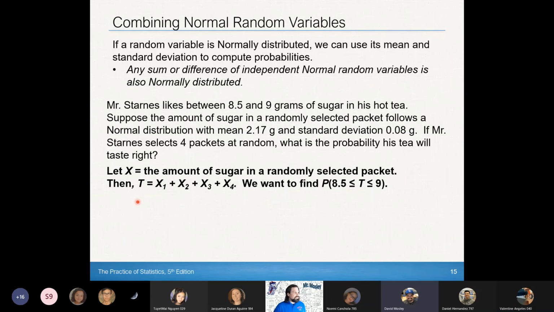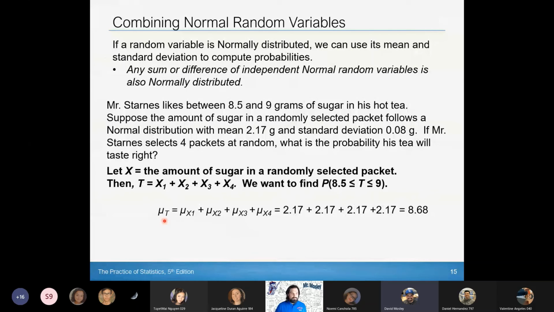Then T, the sum of the sugar in the tea, equals the first randomly selected packet plus the second randomly selected packet, and so on. So we add the 4 random variables, which is all the same random variable, just different occurrences. We want to find the probability that T is greater than or equal to 8.5, but less than or equal to 9.